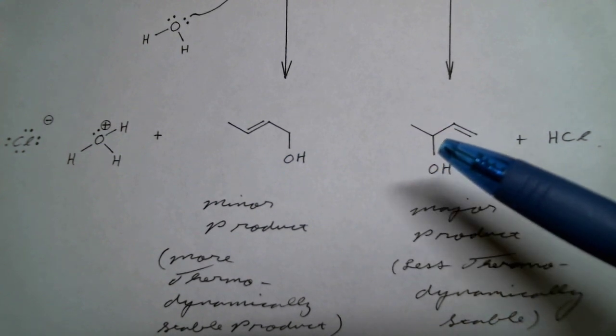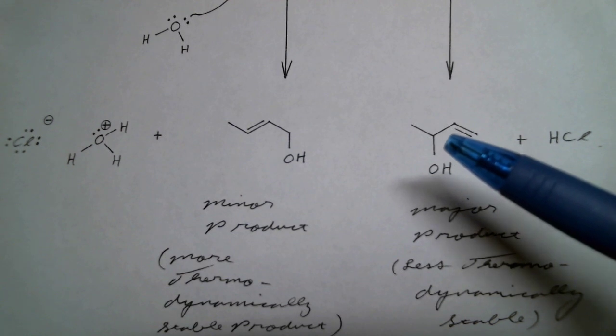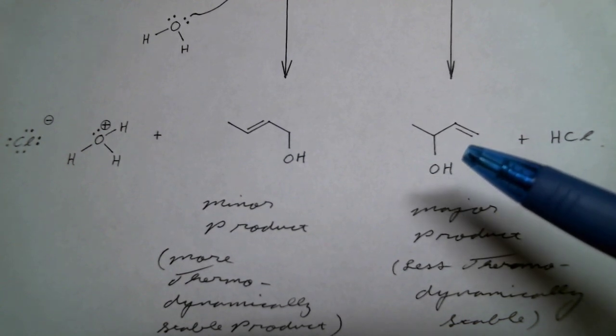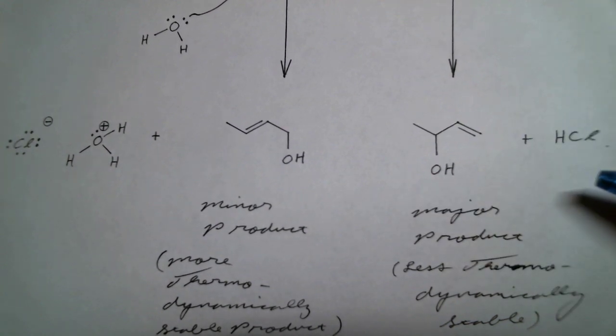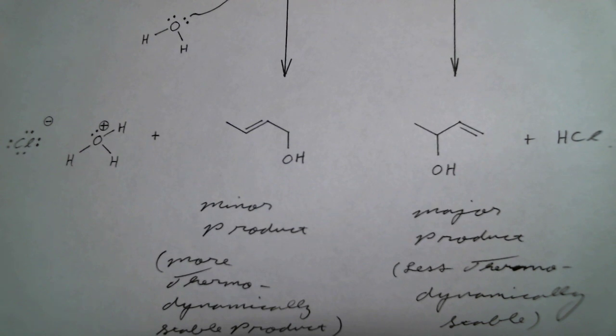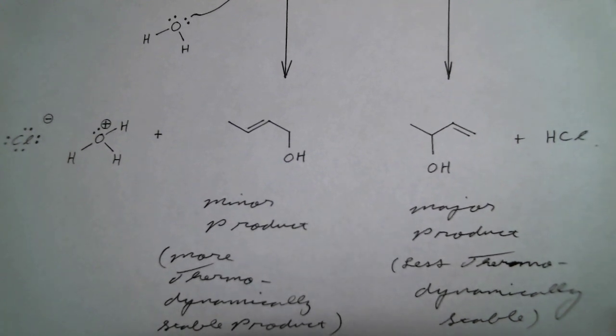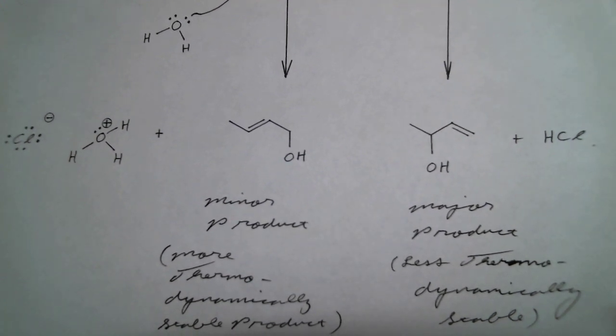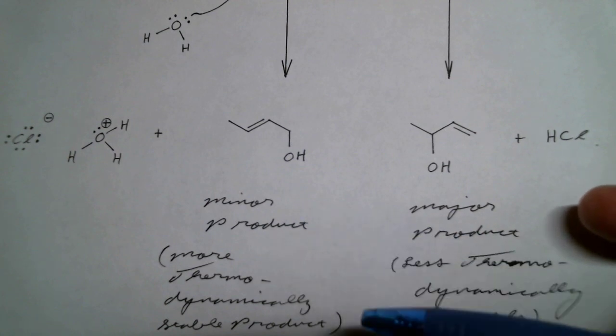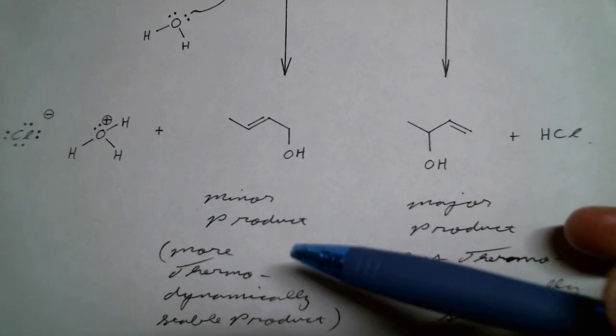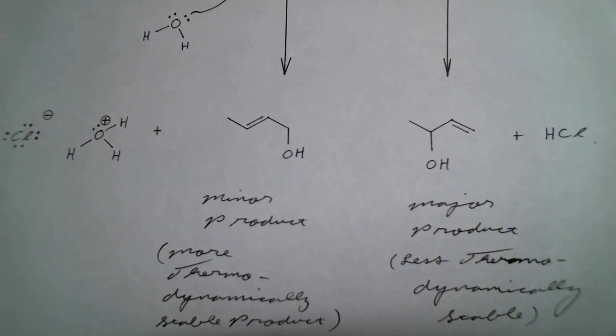So that means the water reacted with the secondary allylic carbocation, which is the more stable intermediate, because the stability of that intermediate is electronic versus substitution of the alkenes. Of course, we do get a minor product of the more thermodynamically stable dialkyl substituted alkene.